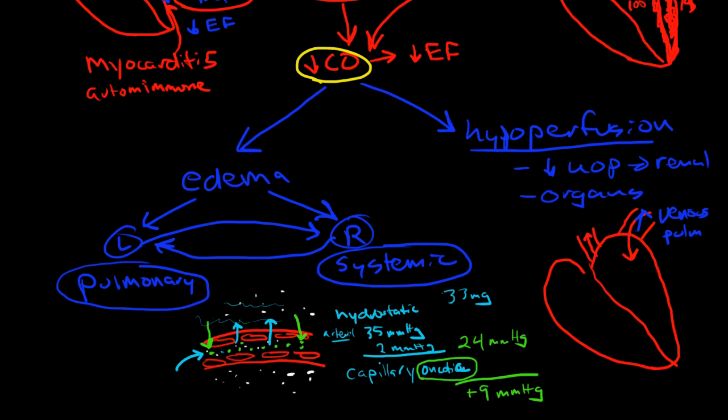Now, on the venous side, the pressure is dropping as we move from the arterial side to the venous side. The hydrostatic pressure now on the venous side has dropped to about 18 millimeters of mercury. And the oncotic pressure is going to stay the same.